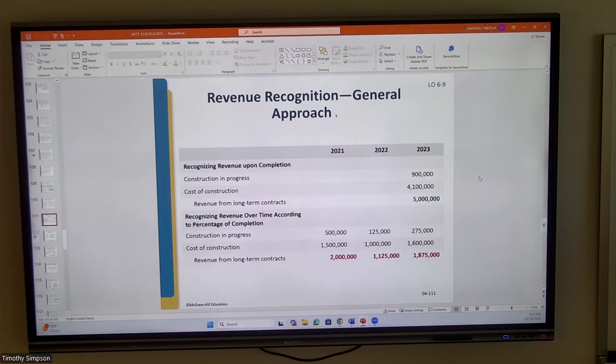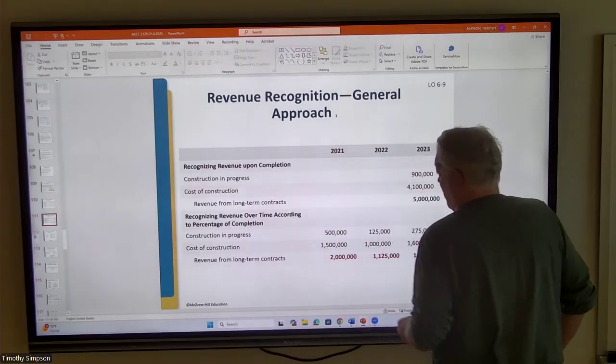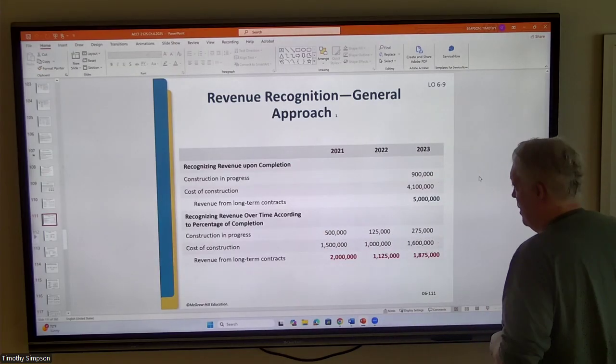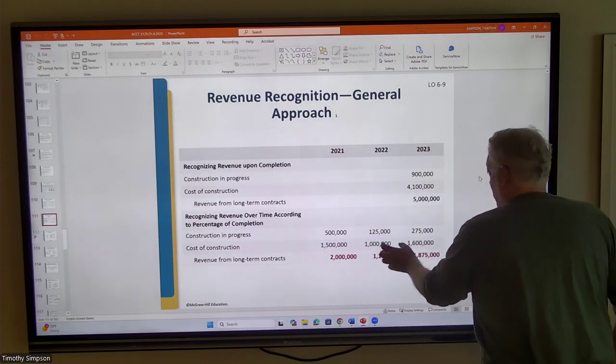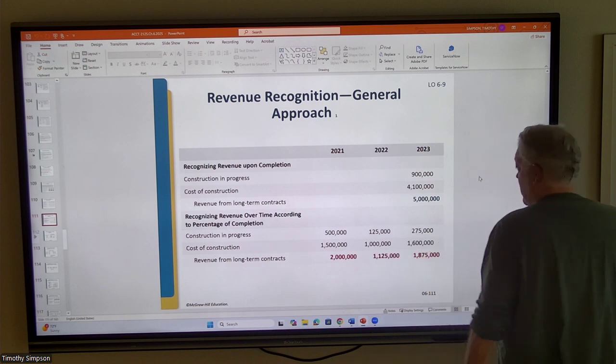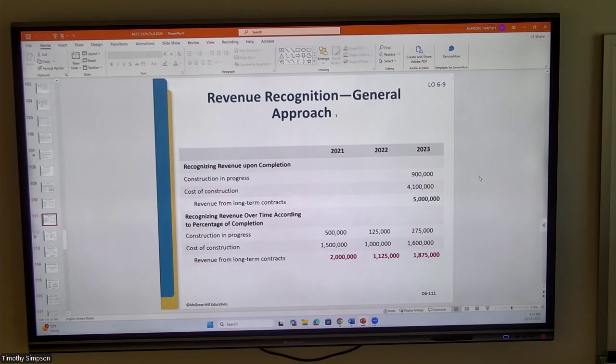Now, this is not preferred. Instead, the better method is recognizing revenue over time according to the percentage of completion method, where we have construction in progress, but also notice that we have revenue being earned over time, the 3-year period. And they add up to $5 million because that was the agreed upon amount, but it's spread out over that time period.